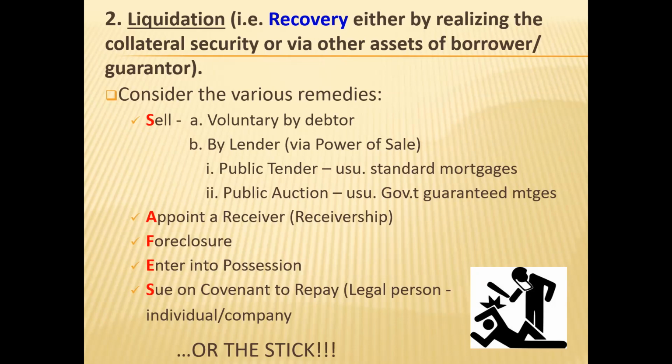Okay, so if at the end of the day they have not realized sufficient funds to clear a debt, they can go and sue the customer or the parties who are obligated under the covenant to repay. Okay, so they have sell, appoint a receiver, foreclosure, enter possession, sue on covenant to repay.